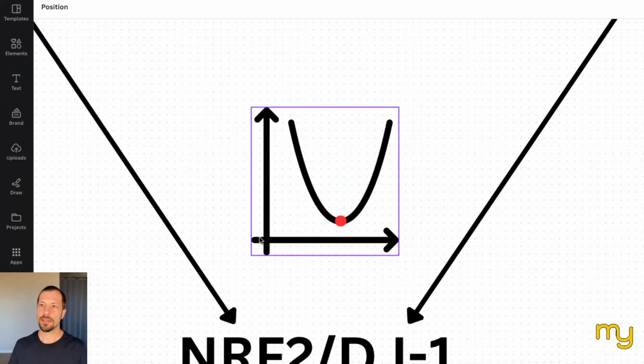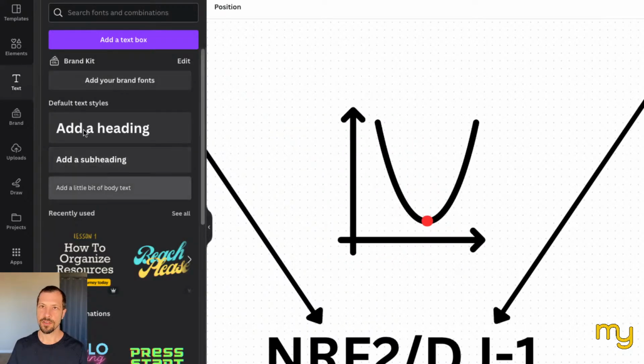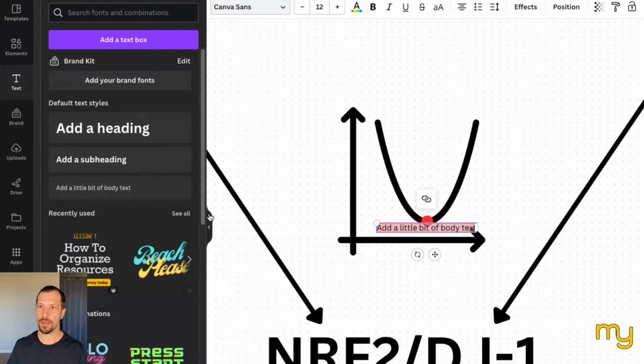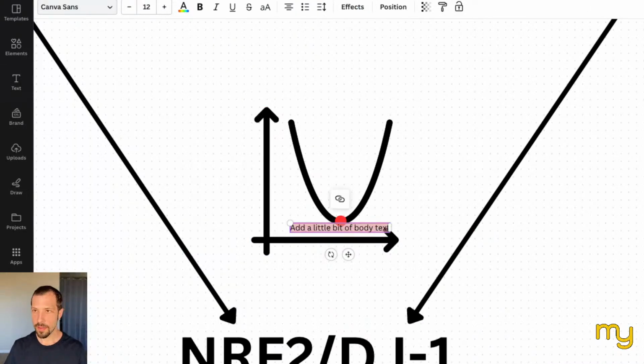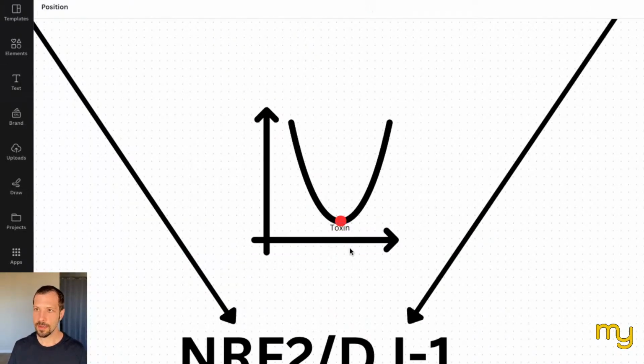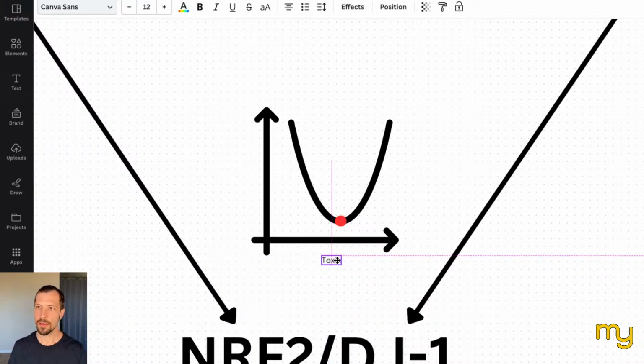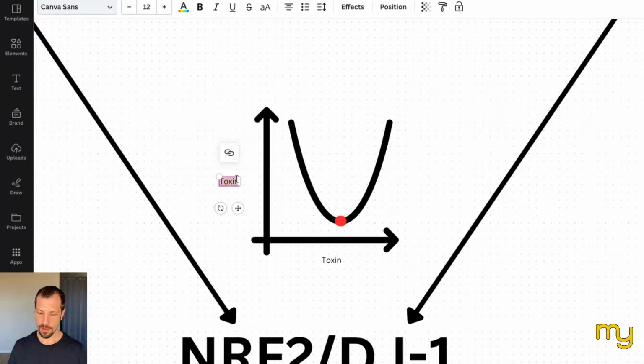If I were to draw in some text here just so we can see what we're talking about, I'm going to put in here, for example, toxin, the amount of toxin versus the beneficial effect.